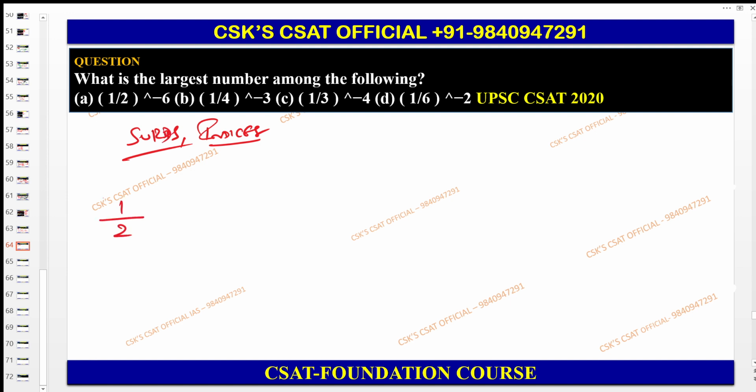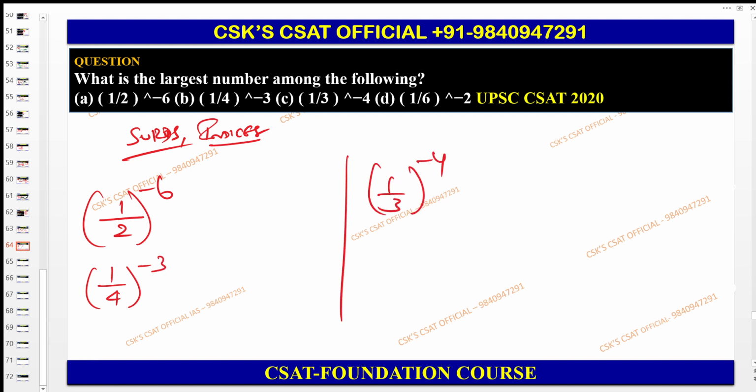So here what has been provided is 1 by 4 the whole power minus 3, 1 by 3 the whole power minus 4, 1 by 6 the whole power minus 2. Now this is what you need to find out. One thing you learn here, simple: 1 by x is nothing but x power minus 1.